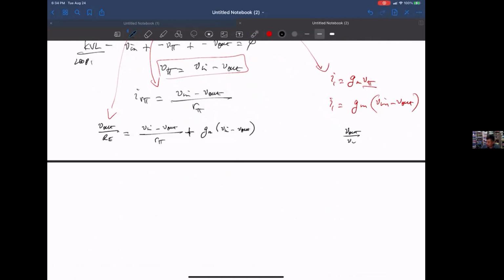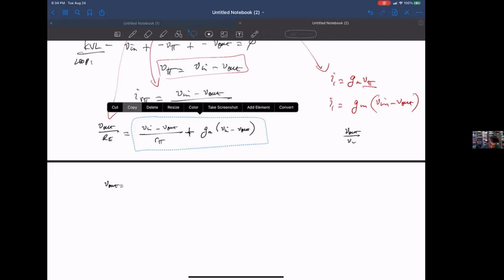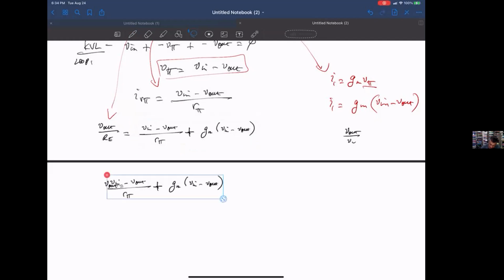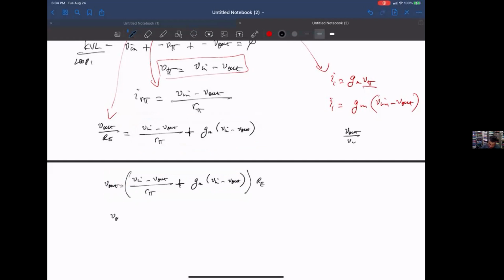The steps I took were that I multiplied both sides by R sub E and then multiplied stuff out, then started redistributing.